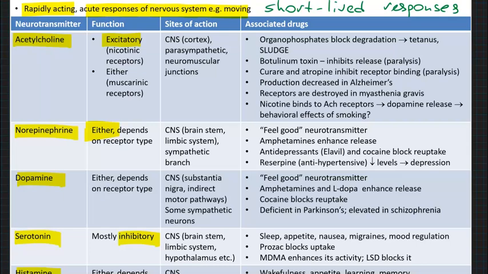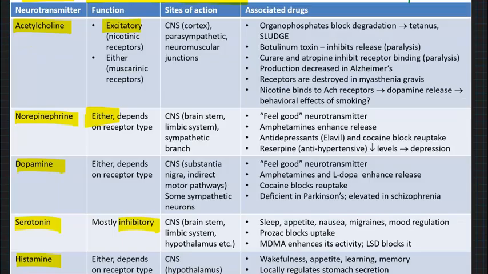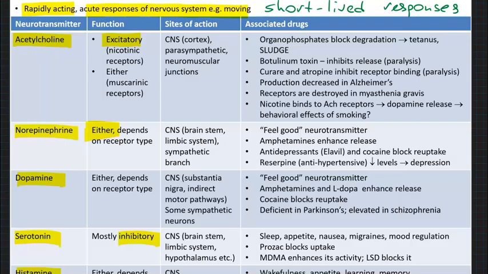Okay, excellent. Now, a common question that I sometimes face: acetylcholine, which one is that? It's both. It's excitatory in certain parts of the nervous system, but in general, it can exert both effects. So far, we're doing all right? There will be absolutely no questions on the site of action.